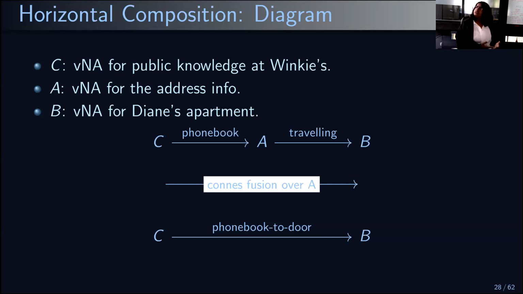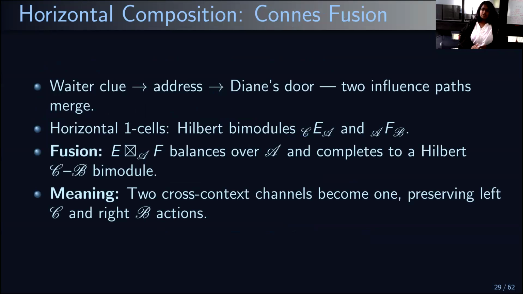Basically there's this change of space happening, and the way we define composition for von Neumann algebras, this Hilbert bimodule stuff, is through this thing called contribution, and I'll explain what contribution is. The way contribution works is that let's say you have a Hilbert bimodule that balances the C and A algebras, and another Hilbert bimodule that balances the A and B algebras.